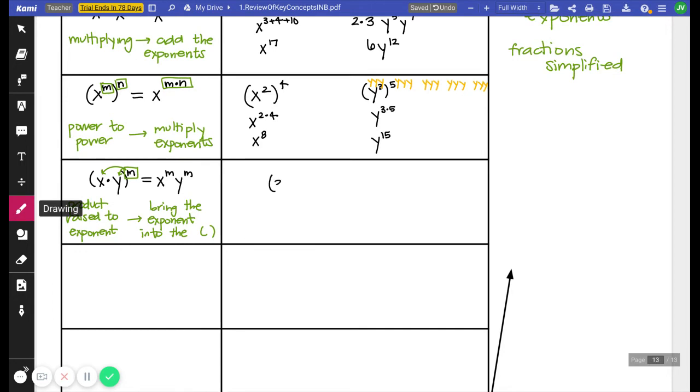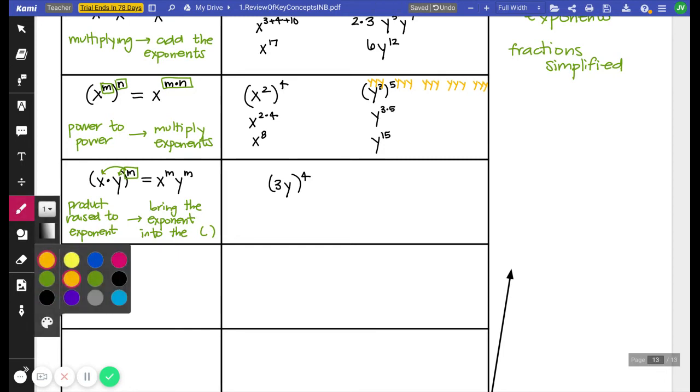I've got 3y to the fourth. That 4, right? If you want, when in doubt, write it out. I've got 3y 4 times. But that 4 is going to hit the 3, and the 4 is going to hit the y. So I'm going to have 3 to the fourth and y to the fourth for a grand total of 81y to the fourth.